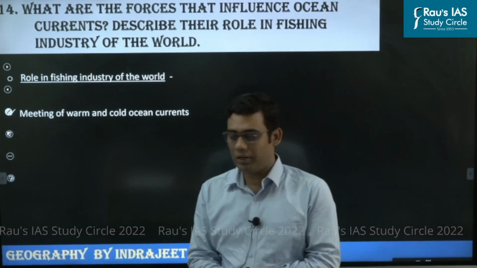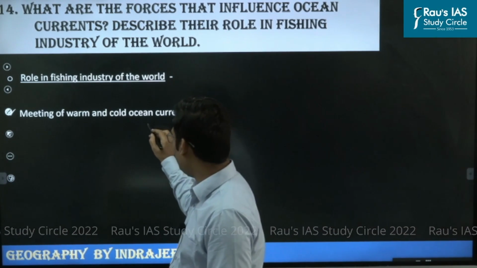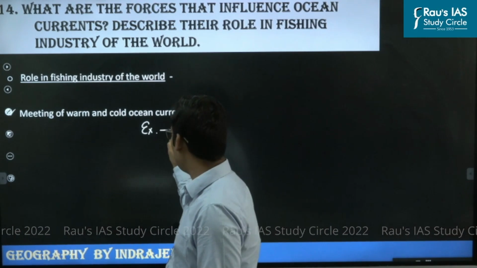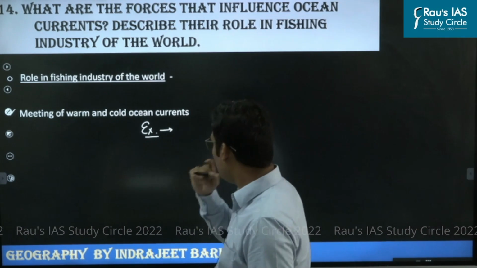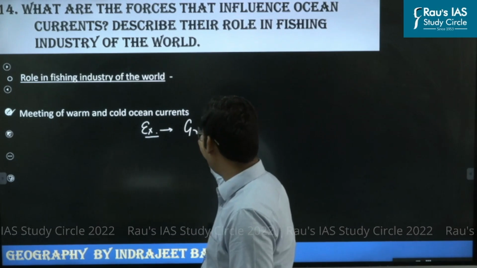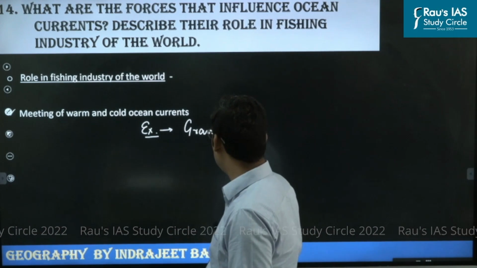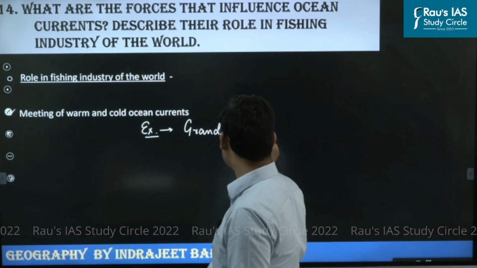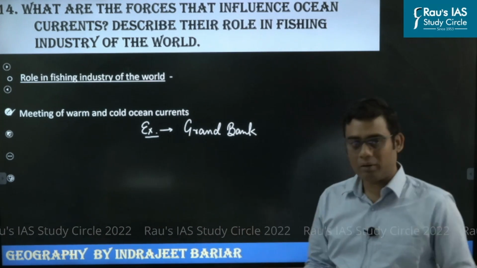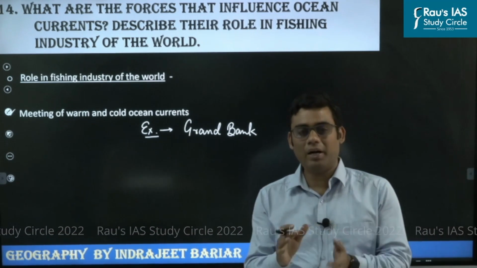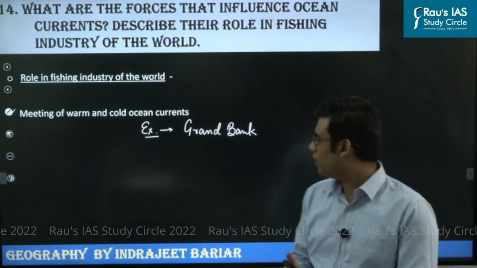And while explaining this, definitely you will have to provide examples. So what are the examples I can provide? One example I can provide would be that of Grand Bank, Newfoundland region. And at Grand Bank, which ocean currents are meeting?